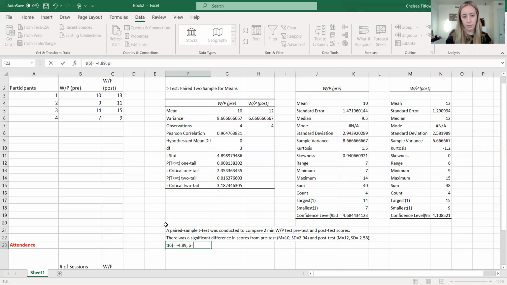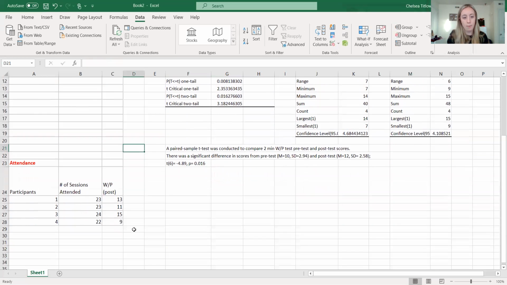And then our p-value, as you can see right here, is 0.01. If we want to round it up, we can put it at 0.02 or 0.016. Regardless, it makes it statistically significant as it is below 0.05.